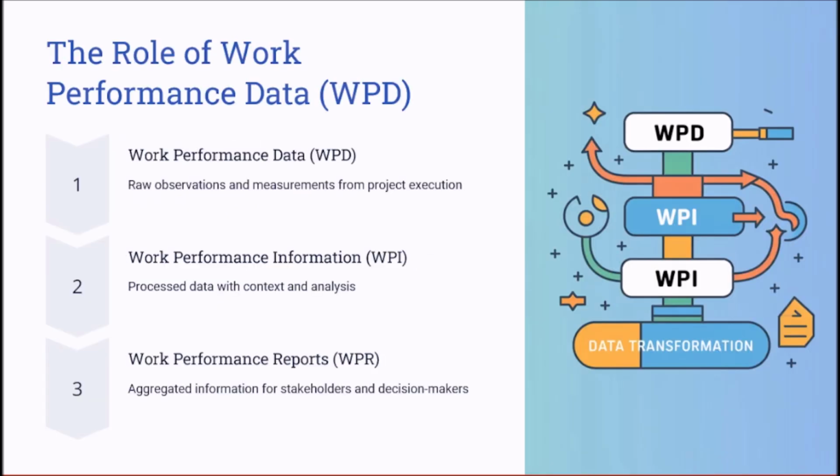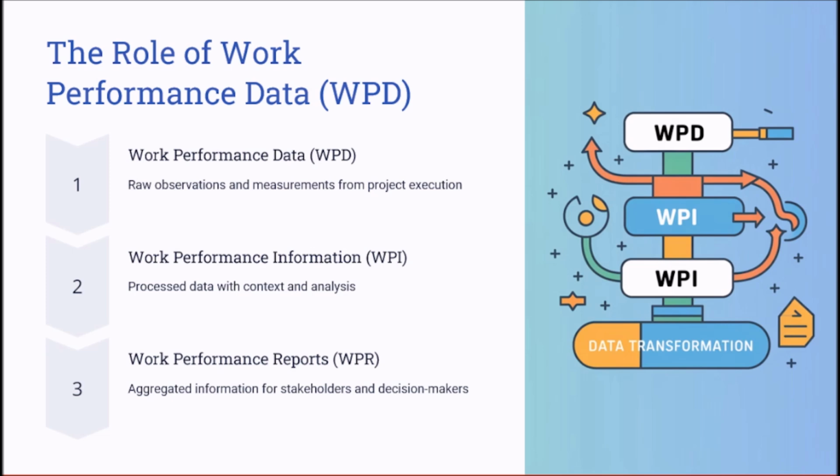The role of work performance data, or the WPD. Work performance data consists of raw facts and figures collected during the execution, such as the task completion rates, the resource utilization, and the issue log. This data is then processed into work performance information, which provides context and analysis.